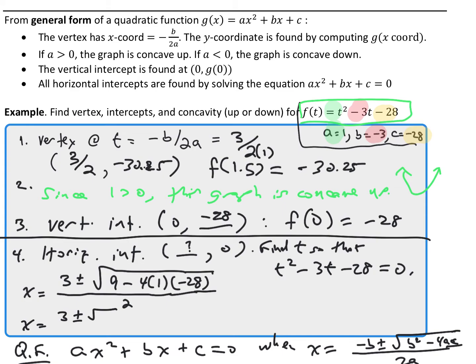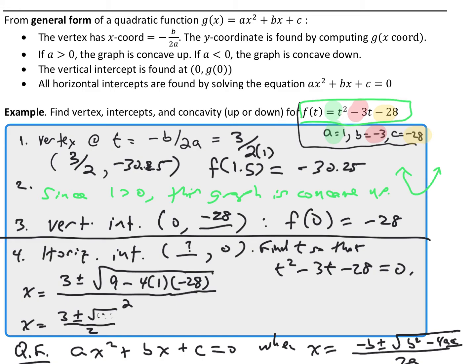And that stuff under there is 9 minus negative 112. So 9 plus 112 is 121 under the square root sign. And if you have your calculator handy, you can check and verify that the square root of 121 is 11.